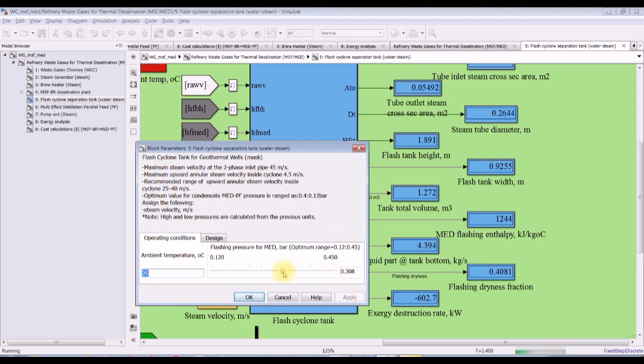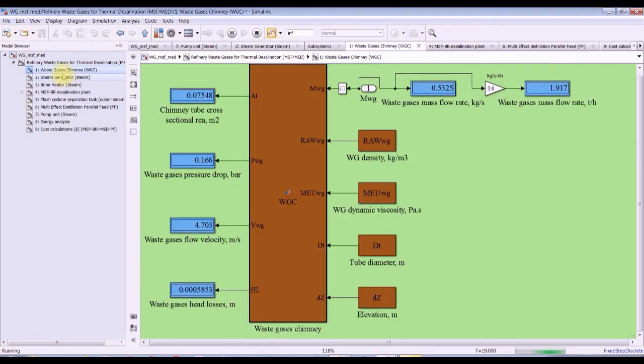Okay, suppose we are going to decrease or increase the steam pressure. Increasing the steam pressure would increase the dryness fraction, sure, because we are going to increase the steam that goes to the MED, as you can see here, and therefore surely we increase the volume of the tank and so on. This is the effect on the gases mass flow rate.